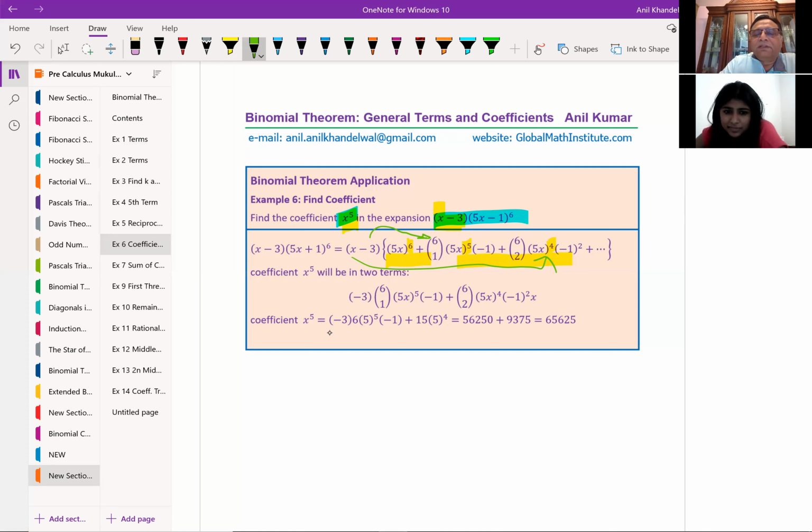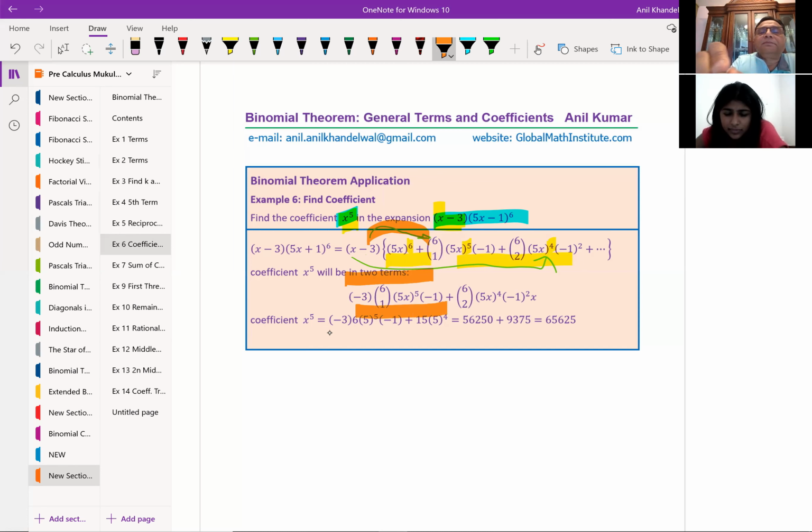So I will now combine these two terms. Minus 3 times, as I have written here, minus 3 times 6 choose 1, 5x to the power of 5 minus 1. So I have taken these two terms, correct? I have taken these two terms and taken the very first term, correct? So that is the term which I have written.